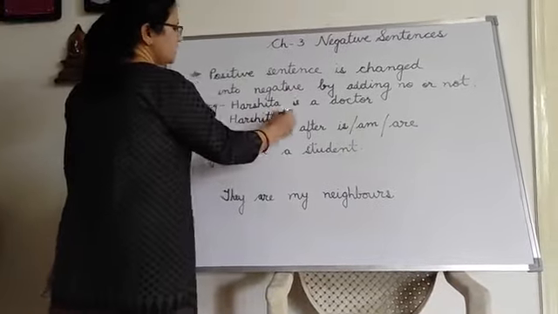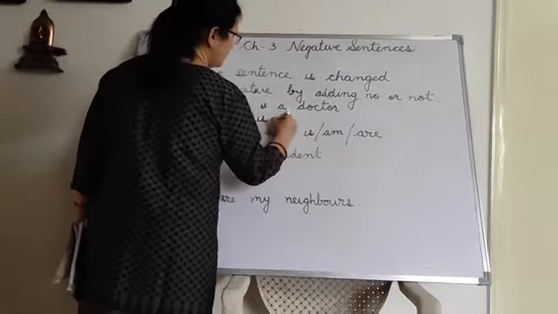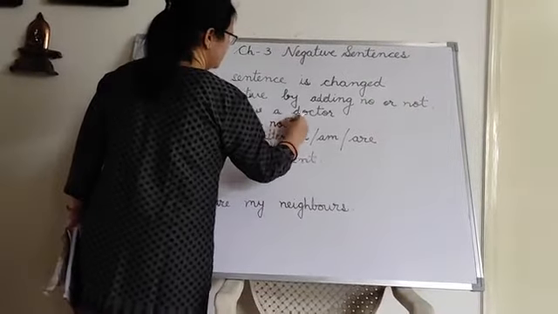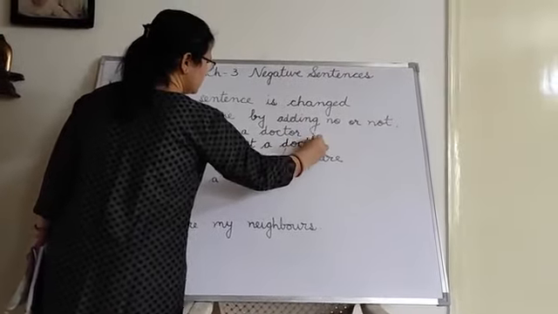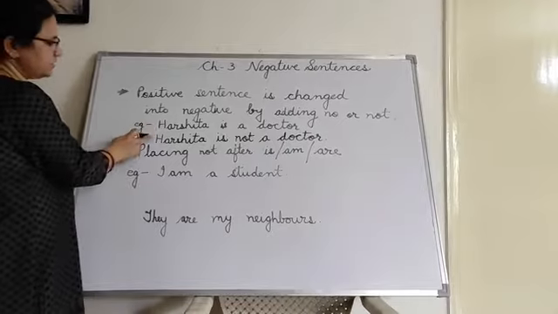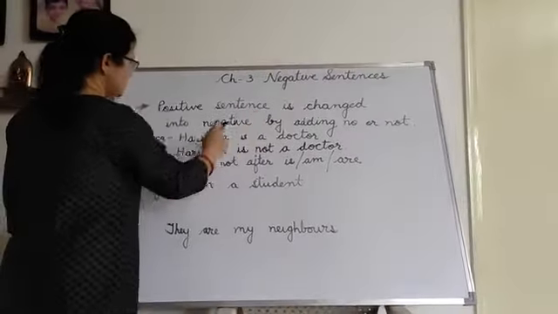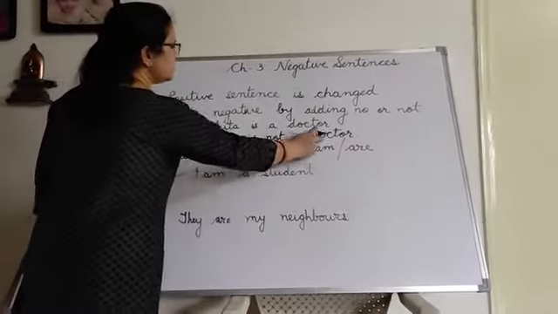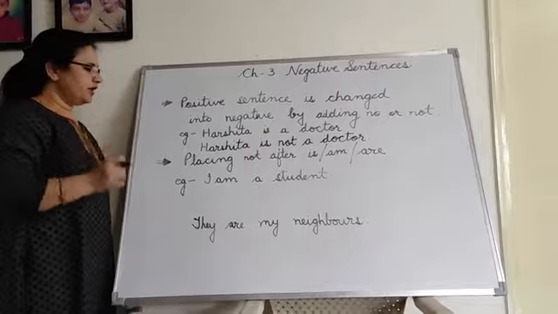Harshita is, and then after the helping word you will write this negative word: Harshita is not a doctor. Now in this way you have changed one positive sentence into a negative sentence. Harshita is a doctor. Harshita is not a doctor.